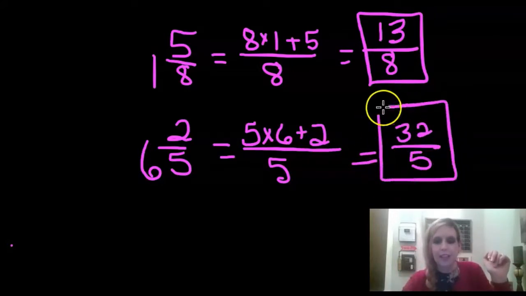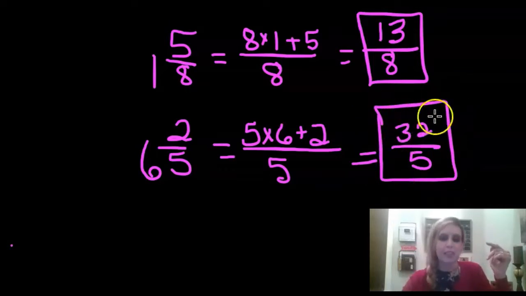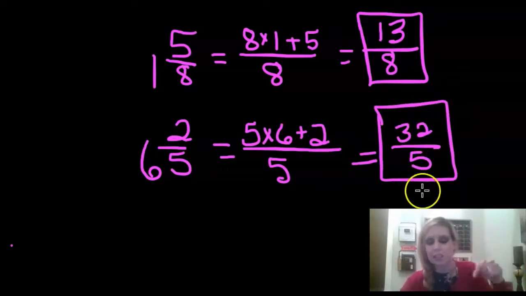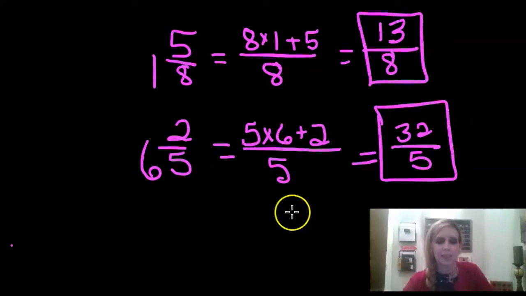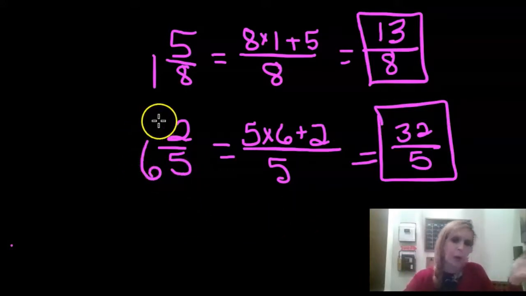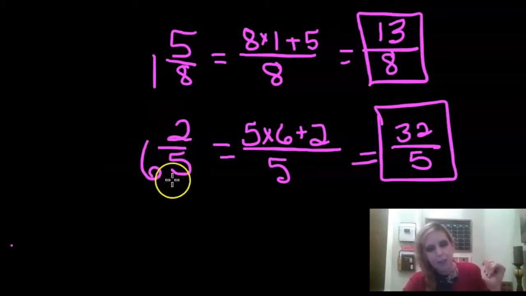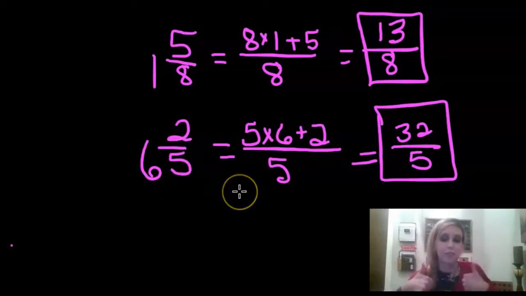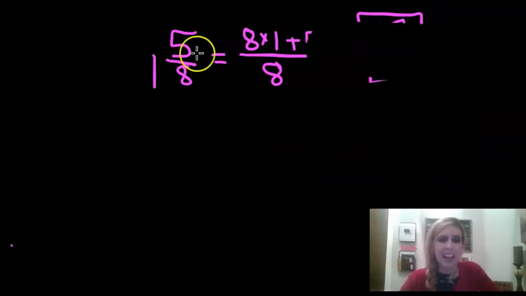All right, and then that would be an improper fraction because the numerator is larger than the denominator. Okay, does that make sense? Denominator times whole number plus numerator, all over the denominator. Good? All right, awesome.